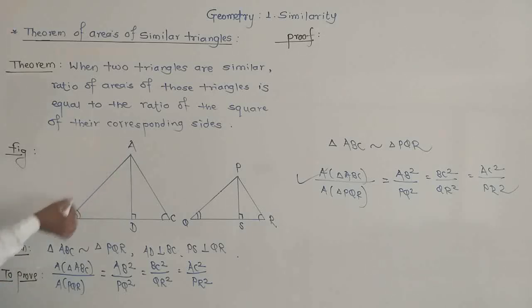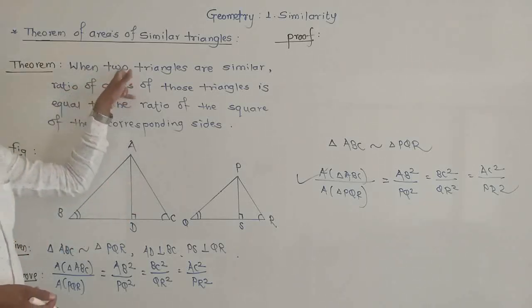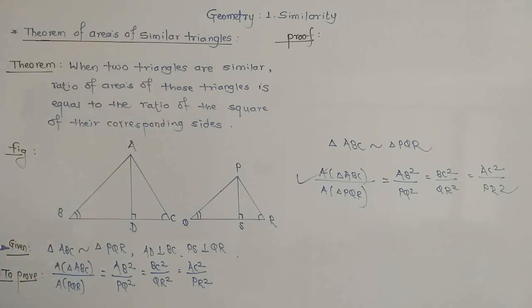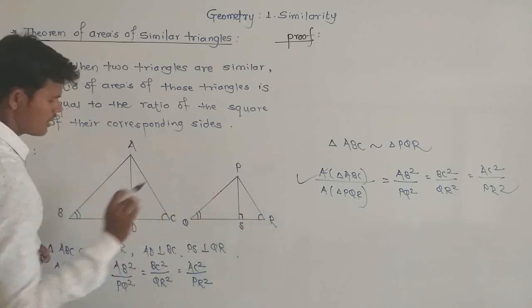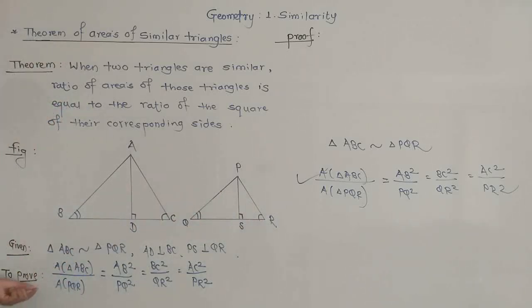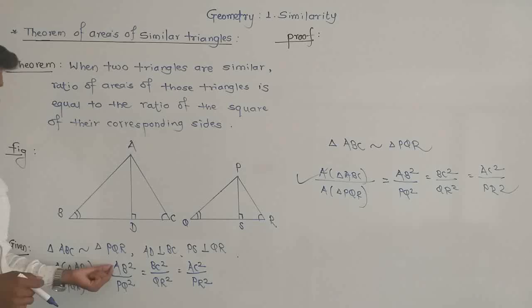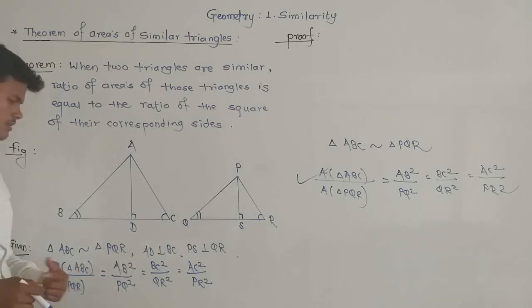Here it is given that triangle ABC is similar to triangle PQR, because the statement starts from when two triangles are similar. And what we have to prove is that the ratio of areas of those two triangles, that is area of triangle ABC to area of triangle PQR, is equal to the ratio of squares of their corresponding sides.